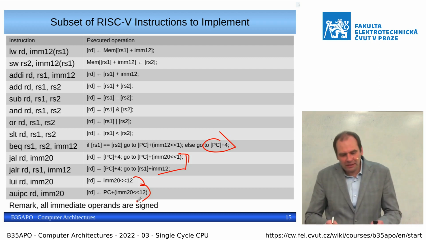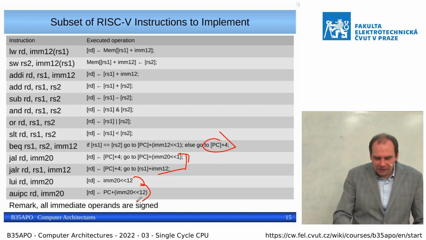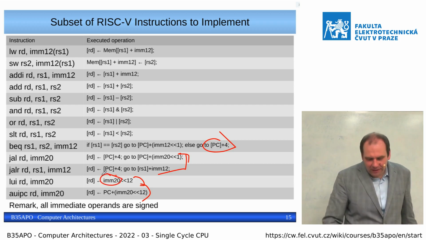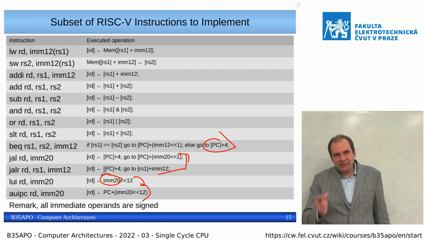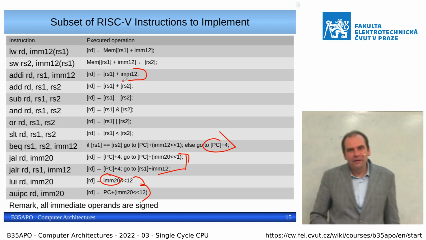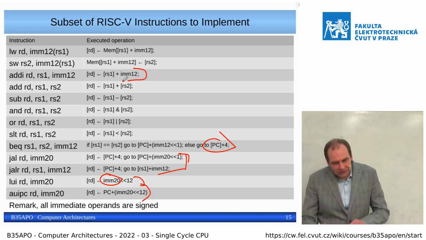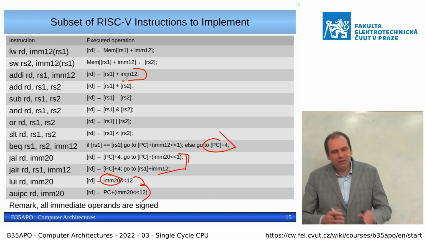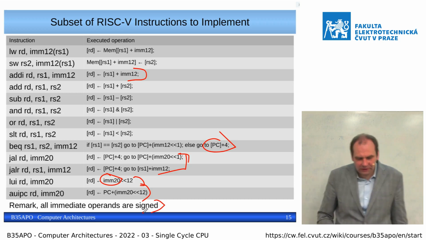But if we provide a combination where one instruction sets, for example, the upper 20 bits of the destination register, then we can add the 12 bits allowed by the other instruction, and by two instructions, in 8 bytes, we can load a 32-bit value into any register. And for all the operations, everything is signed in this case.